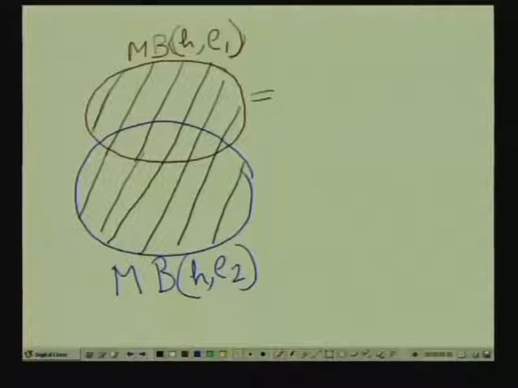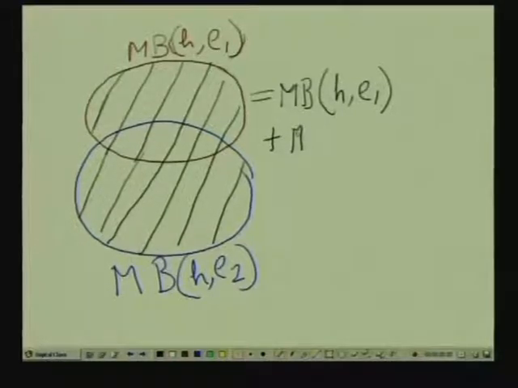This part is MB(H|E1). This part I add is MB(H|E2), this blue part, but there is a part which is common here.